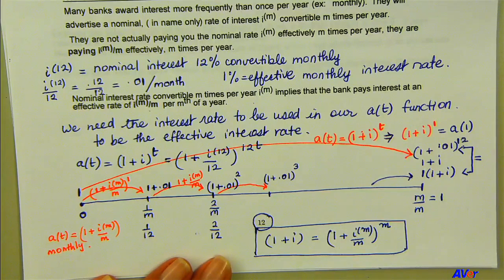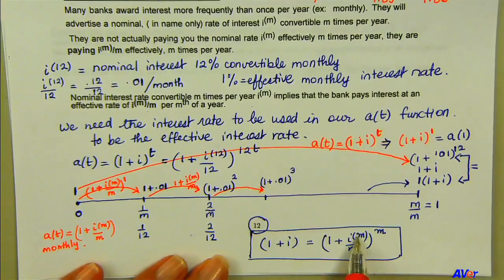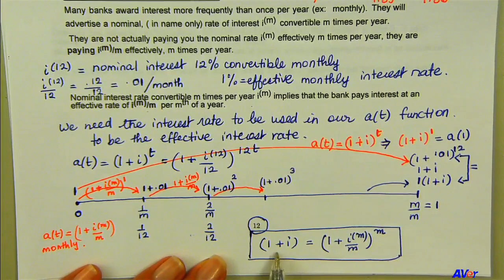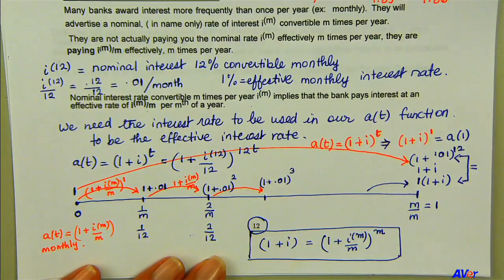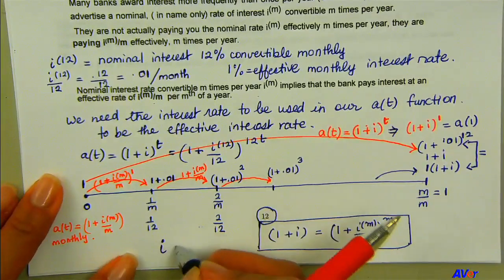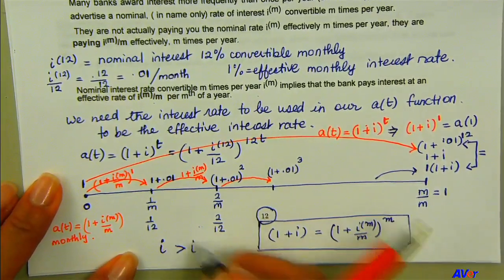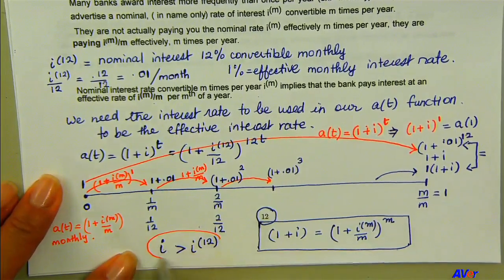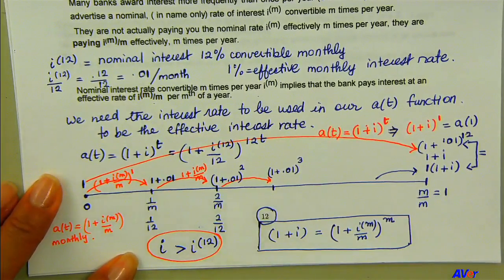So either this is 12, or this is 12, but they won't both be 12. Because when you convert it, it's not going to be equal. Actually, i is always greater than i12. Can you think of a reason why i would be greater than i12?